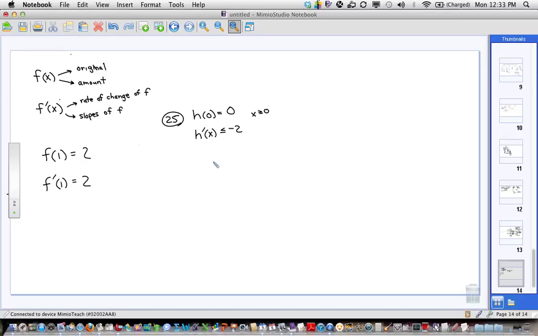So the first thing I would want to do, like you guys just told me, what does h of 0 equals 0 make you think? Point on the h graph. So I'm going to draw the h graph. Now, I don't need the negative side over there because they told me x is positive. So this is the h graph, and it goes through the point (0, 0).